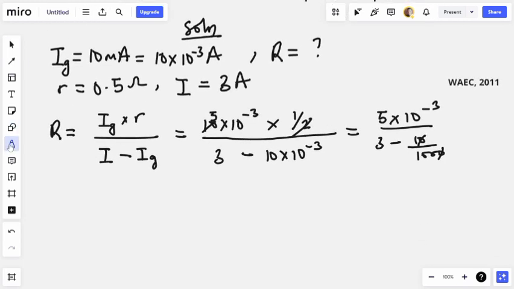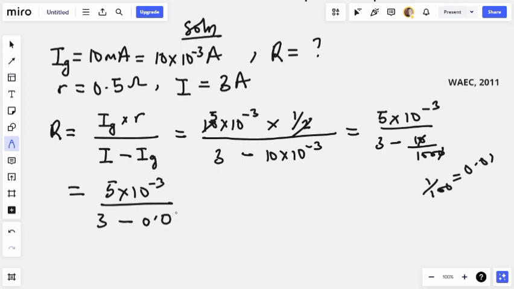So this will be equal to 5 times 10 raised to the power minus 3 divided by 3 minus 1 over 100, which is equivalent to 0.01. So 3 minus 0.01.